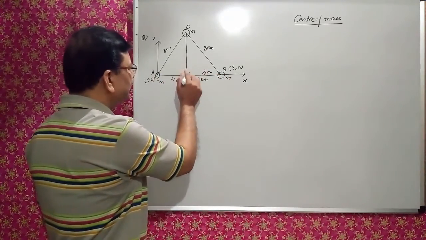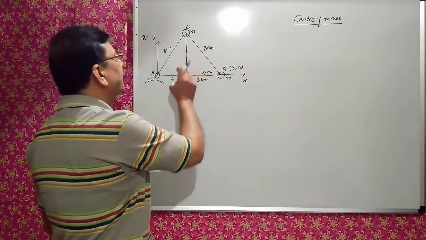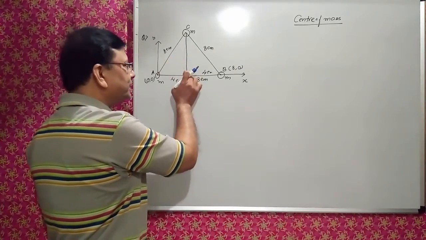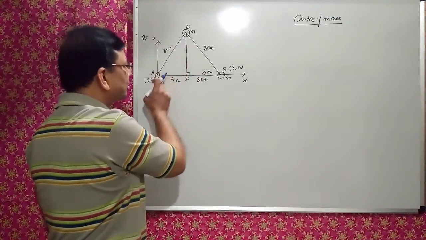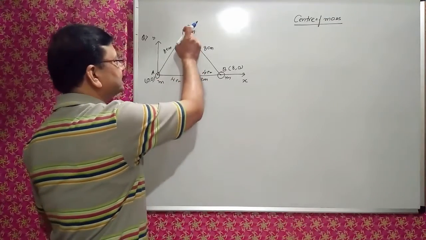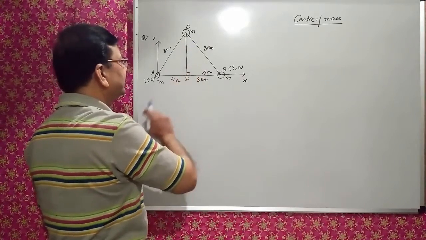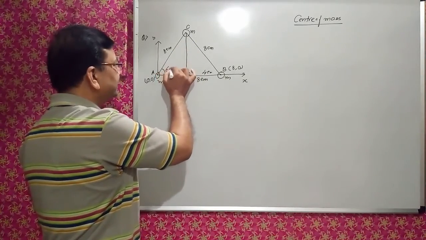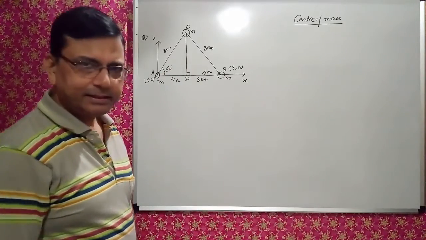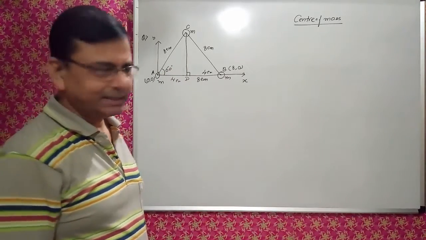The x coordinate of D is known and y coordinate of D is 0. So we are not concerned with D, we are concerned with C. So x coordinate of C will also be 4, and we want this y coordinate. So see, since it is equilateral triangle, this will be 60 degree, isn't it? All the angles will be of 60 degree.